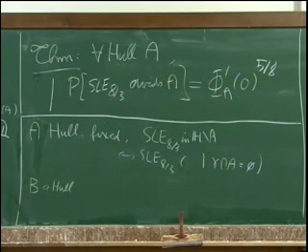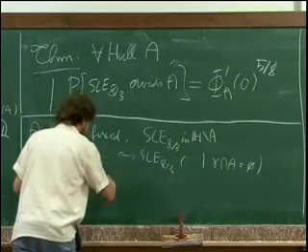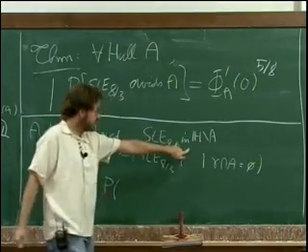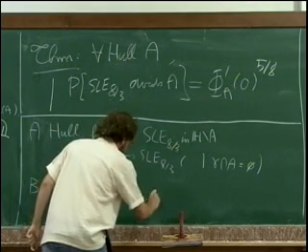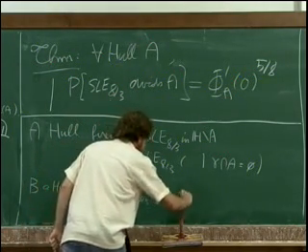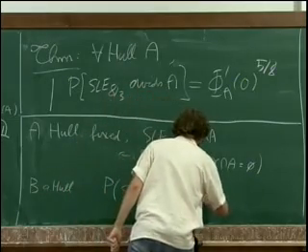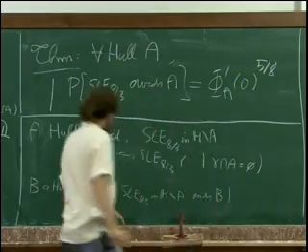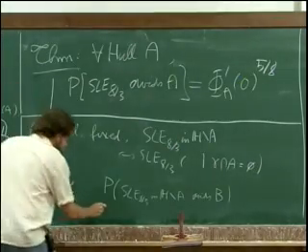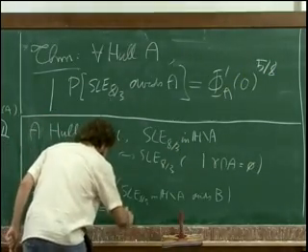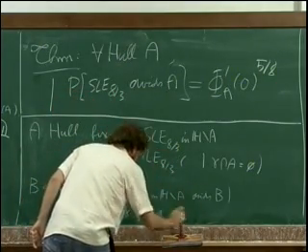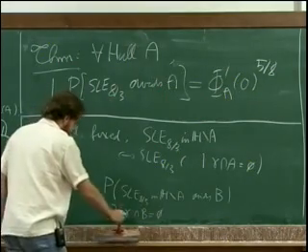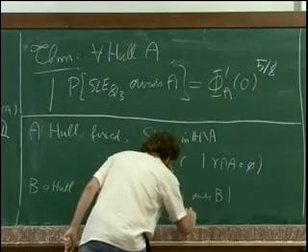B will be my test hull, it will change, and I want to show that for every B, the probability that SLE 8/3 in H minus A avoids B is always equal to the probability that gamma in H avoids B, conditionally on the fact that it avoids A already, so given that gamma intersect A is empty.